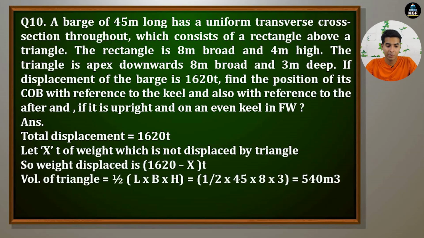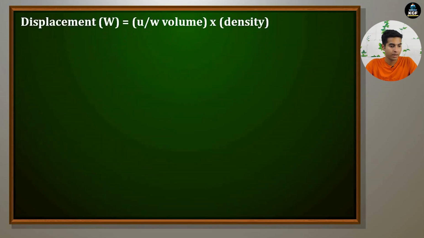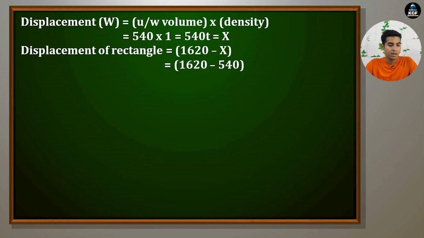Volume of triangle will be 540 meter cube. Displacement will be 540 multiplied by 1, which equals 540 tons, which is equal to x. So 540 ton is the displacement of that triangle, and displacement of rectangle will be 1620 minus x.